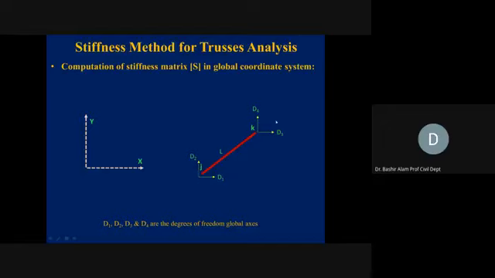Compression means towards the joint, and from here also towards the joint. Now, to develop this stiffness matrix in the global coordinate system, the procedure will be the same. Turn by turn, we will start giving D1, D2, D3, and D4 equal to 1, and we will find out the corresponding member end actions in these D1, D2, D3, D4 directions.